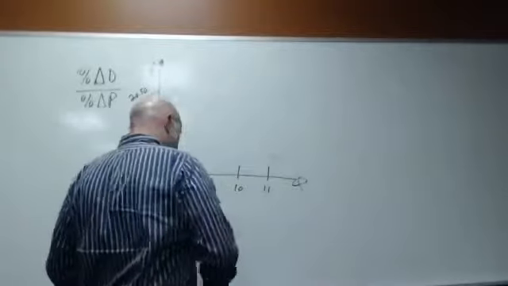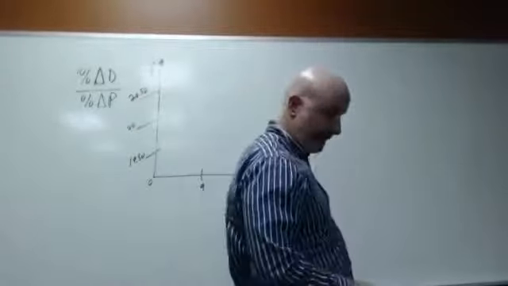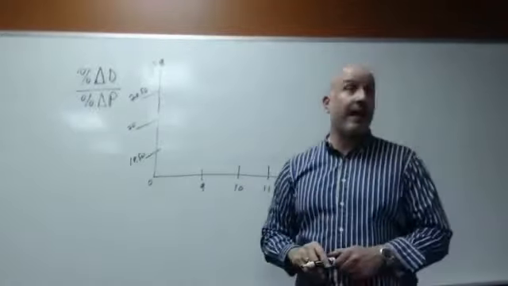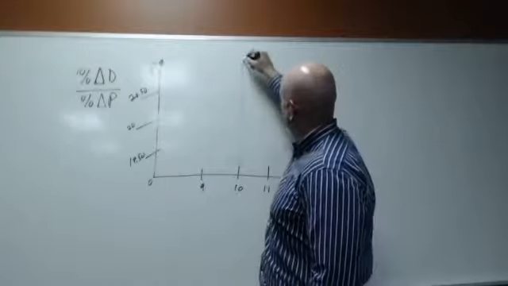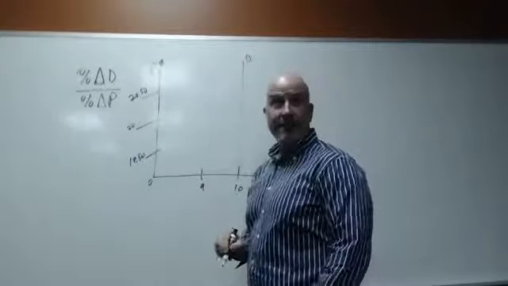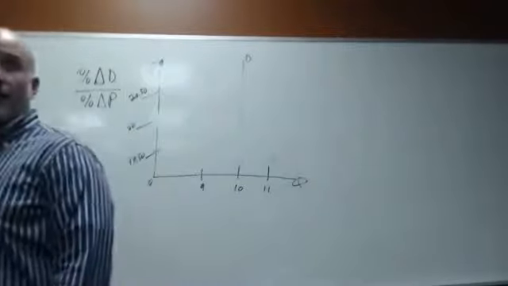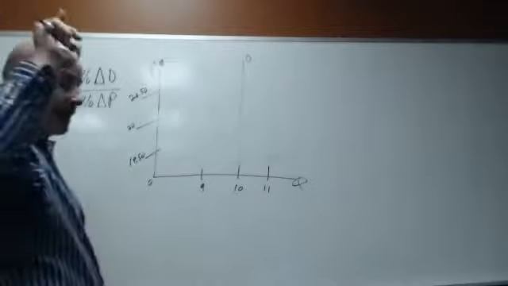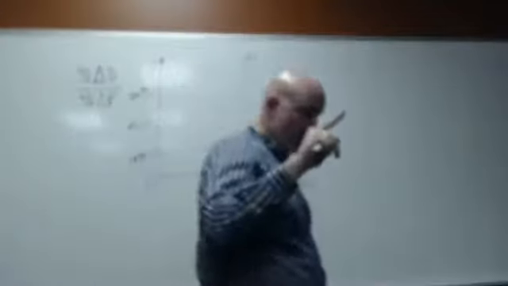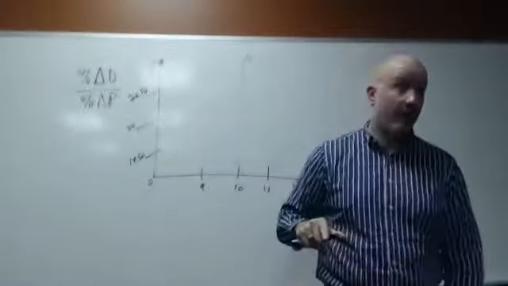When we say that an item has inelastic demand, this becomes my demand curve. So we're going to have a sky upward, vertical demand curve.